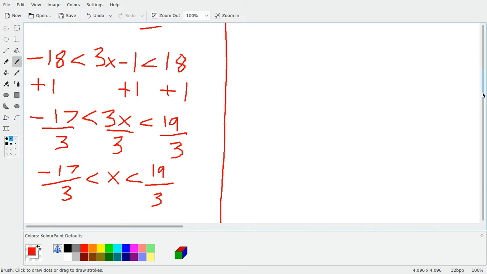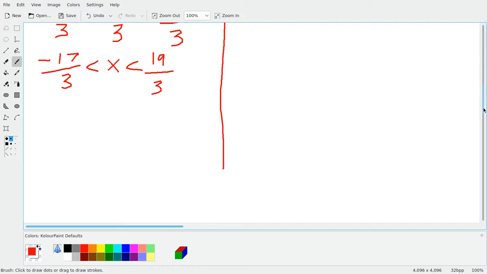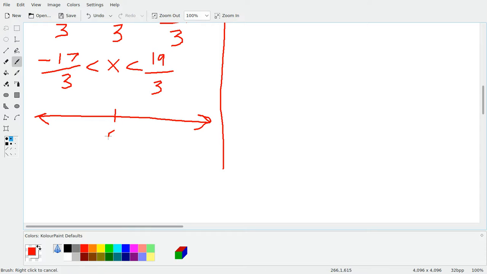If you want your answer written in interval notation, like you did previously, let's do a graph first. Here's 0, negative 17 thirds is somewhere to the left of 0, positive 19 thirds somewhere to the right of 0. And because this is a between statement, we'll want the area between them shaded.